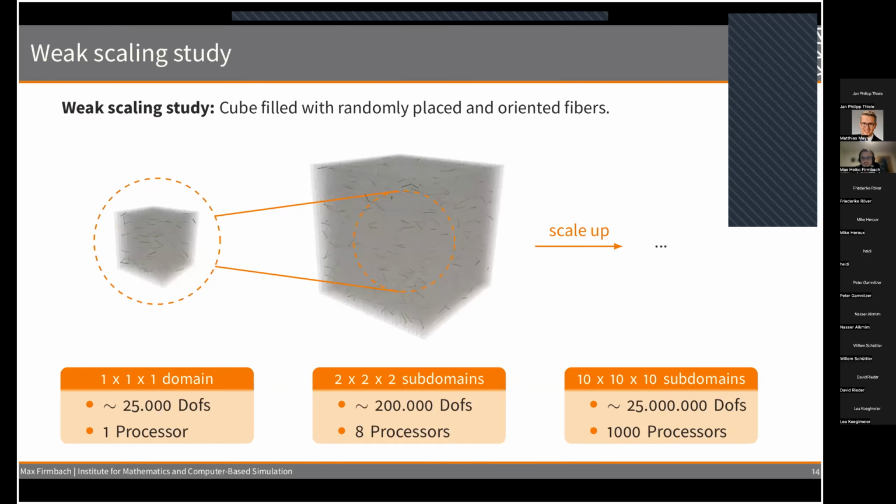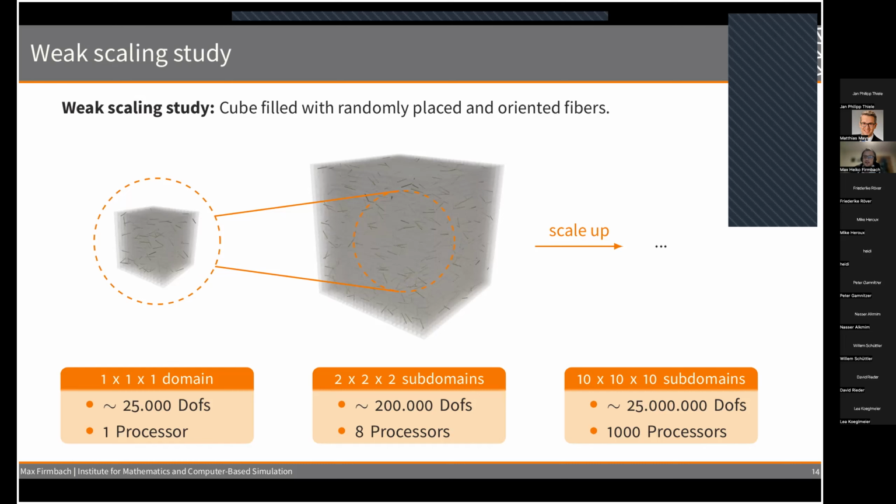And how does the scaling look like? I've shown you the 1 by 1 by 1 domain, which is about 25,000 degrees of freedom, and then we just multiply by 8, so each dimension is doubled, and you can find this original problem inside the bigger problems. So we just extend the domain and add more fibers to it, but inside, the original cube is still maintained.